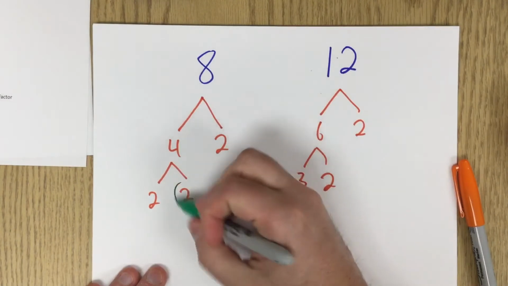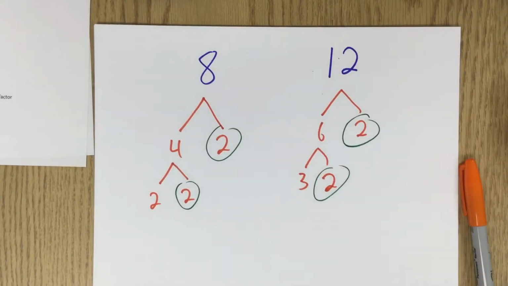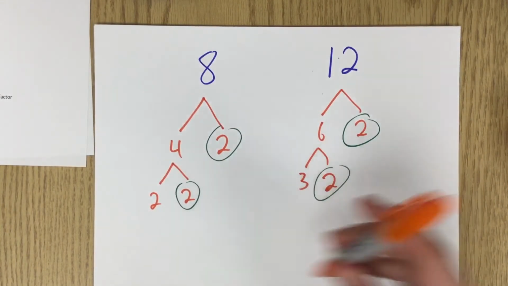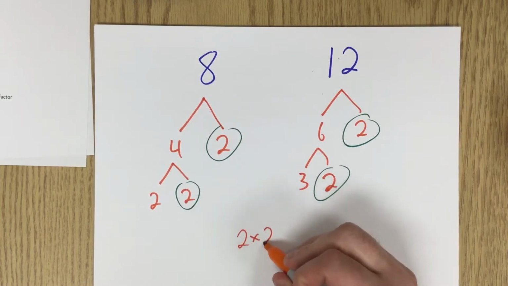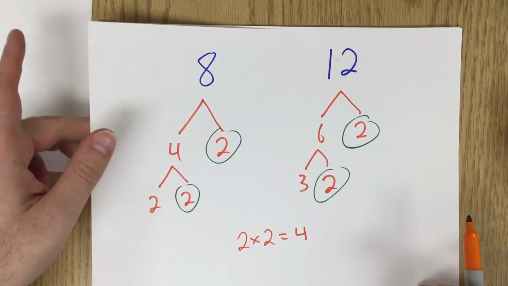And there's 2 2's common on both sides. You only pick the bottom of the trees. And so 2 is a common factor, but it's not the greatest common factor. To find the greatest common factor, we have to actually multiply all the common factors, and then that would be 2 times 2, which is in fact 4.